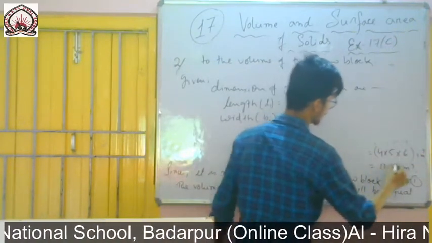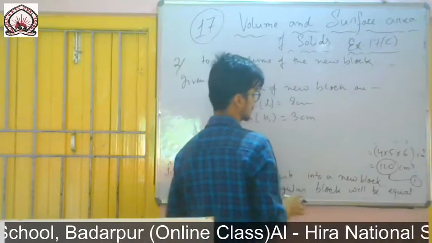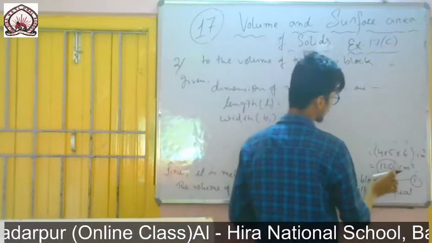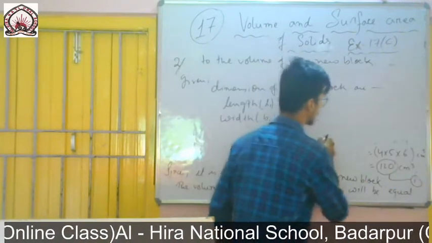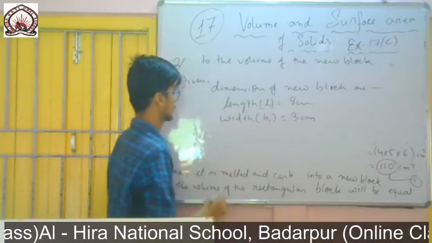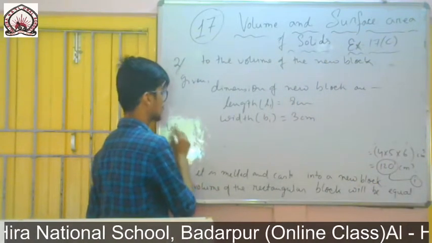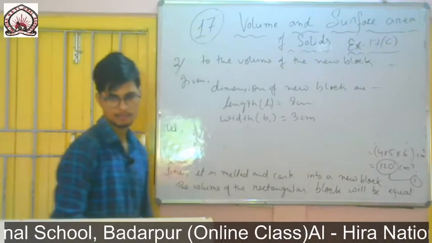You remember the volume of the first rectangular block was 120 centimeter cube.